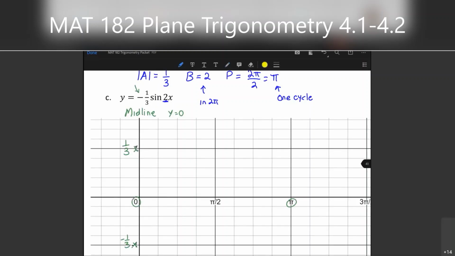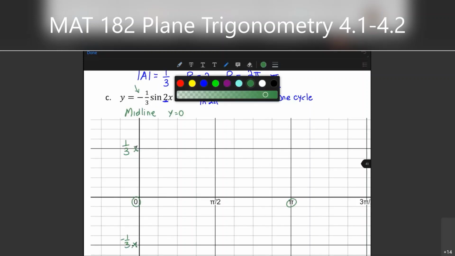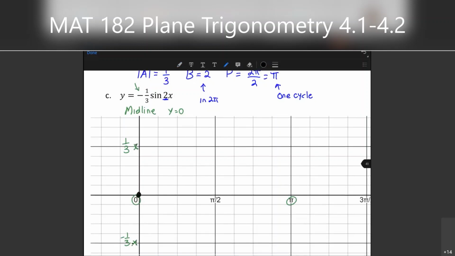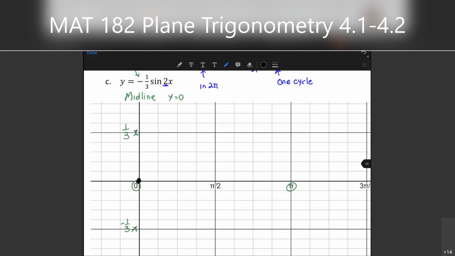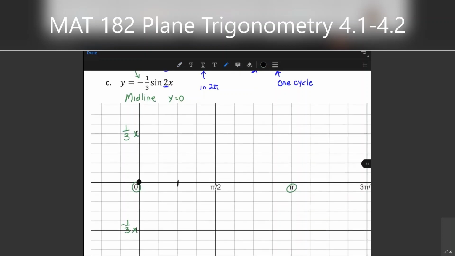So if I wanted to write this sine function out, I start at 0, 0. And again, since I'm going to do a full cycle between 0 and pi, I want to make a marker here at pi over 4 and 3 pi over 4, as those points will give me 4 sections to my graph here.